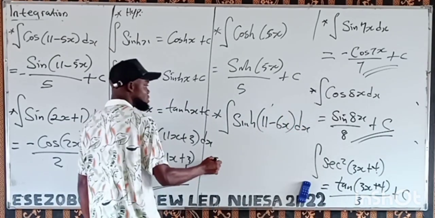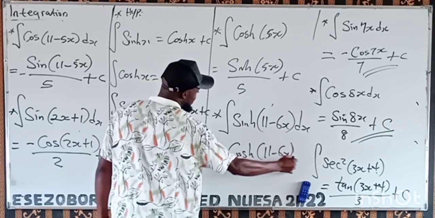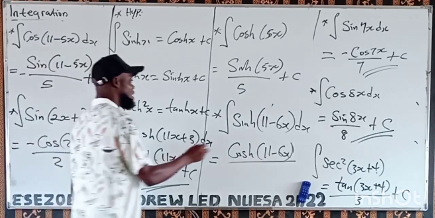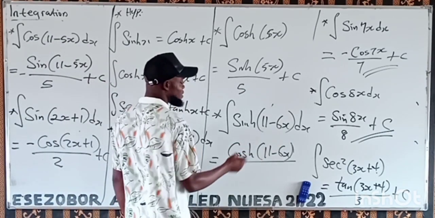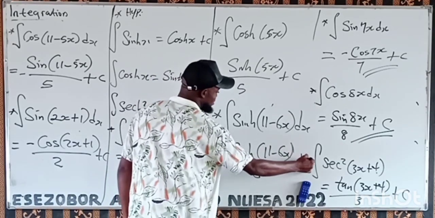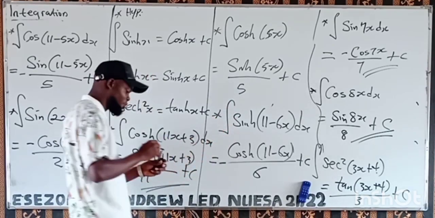That becomes cosh (11 minus 6x) over the derivative of 11 minus 6x. The derivative of 11 is 0, differentiate minus 6x, I'm going to have minus 6, plus c. That's what you are going to have. So this is how you do it for these functions.